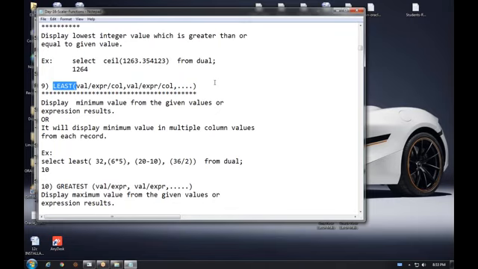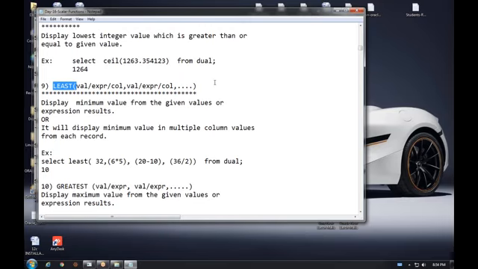Suppose you are giving 3 columns, and 10 records are there. Listen carefully. In each record, the least function finds the minimum value among those 3 columns.